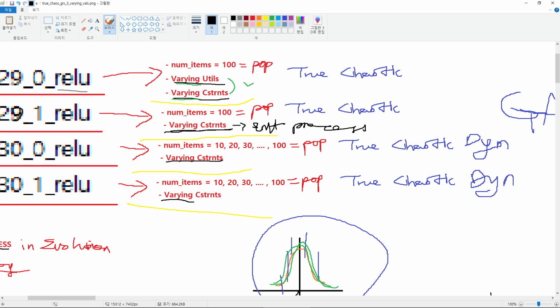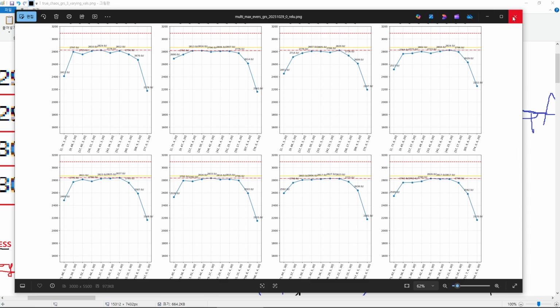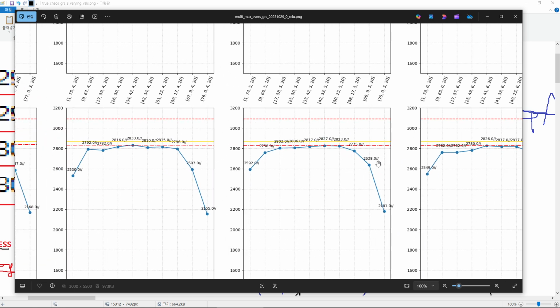So when I do that, notice the difference in how the numbers look in the maximum errors.